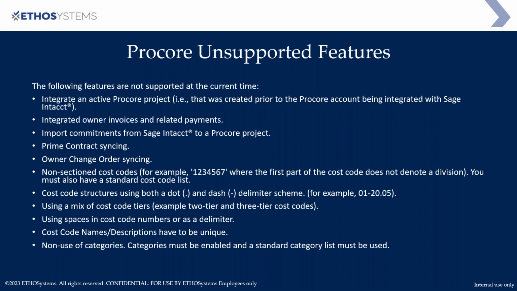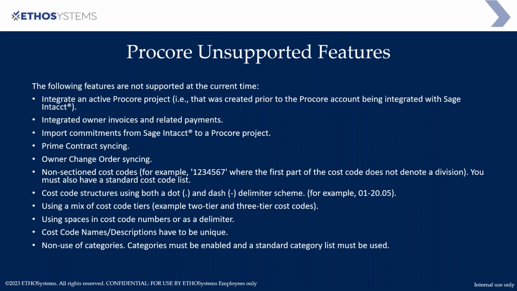A couple of things to talk about with cost code structure and cost type. Very important that you have this discussion early on about how your cost codes are going to be structured. Non-sectioned cost codes, so cost codes without that delimiter, that dash or dot, are not supported. So we have to have a parent-child relationship, a division cost code relationship, for those cost codes in order to work with the integration.